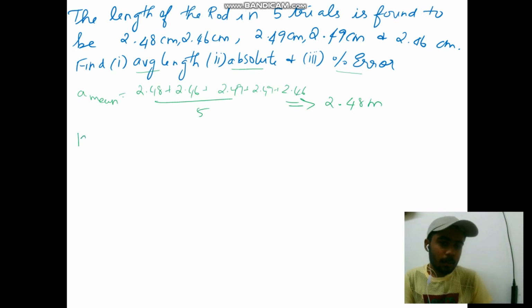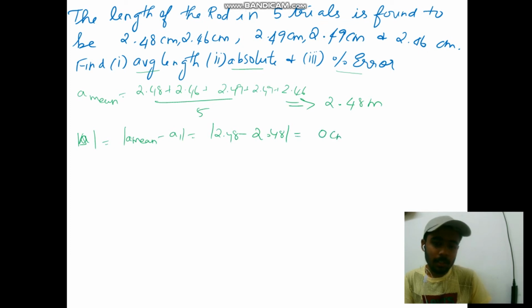Now we find the absolute error in each quantity, that is A mean minus A1, which is 2.48 minus 2.48, and comes out to be 0.